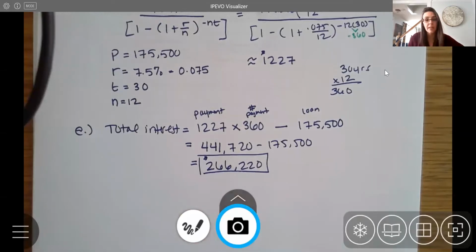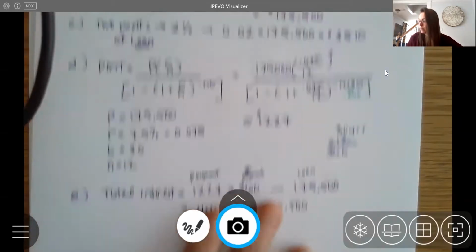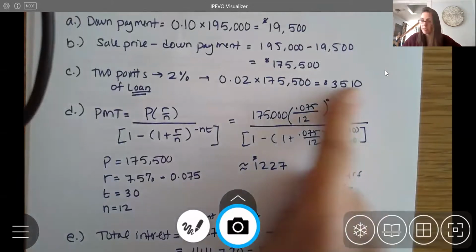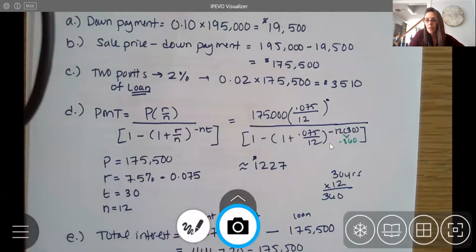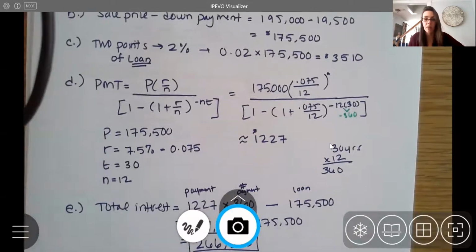So, you know, if you get your taxes back in April and you can take some money and put it towards your mortgage or your car loan, or you get a bonus at work and you can take a little bit of that money and put it towards your mortgage, or even, you know, let's see, what was our monthly payment? $1227. Maybe you round up. Maybe you pay $1250 every month, right? Instead. So that little bit is going to help, and it's really going to start bringing that interest down for you in the long run.